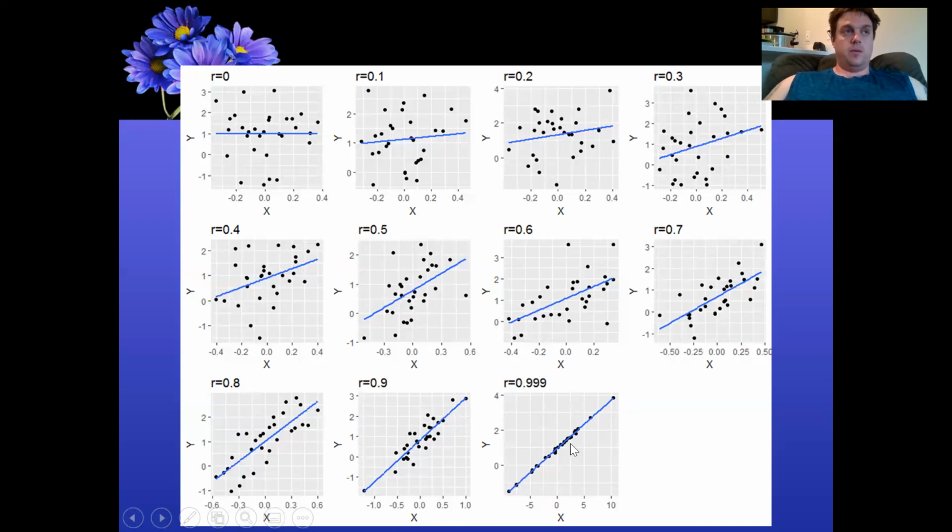As one goes up, the other one goes up in an almost perfectly predictable manner. So that's another way to think about this: if there's a perfect correlation, as x goes up, y is going to go up, and you can predict exactly how much y goes up based on x. And the weaker the correlation, the less prediction you can do.